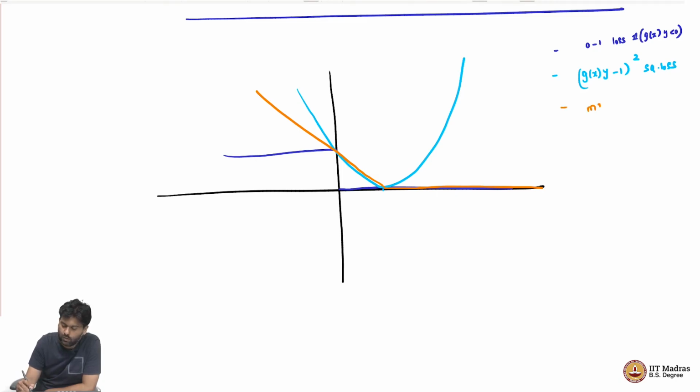The hinge loss is max of 1 minus g of x into y comma 0. Now, we have the fourth loss, which is the logistic regression's loss, which is log of 1 plus e power minus g of x into y. Of course, the x axis is g of x into y, the y axis is loss.